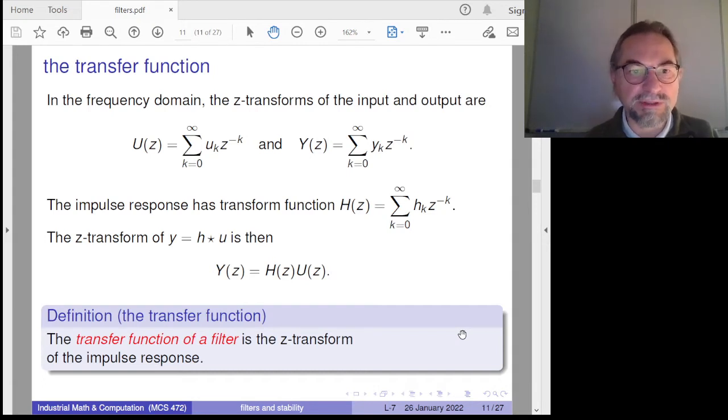To work with this, we actually work with the Z transform. The Z transforms give us very compact representations for signals in the time domain. So we look at the Z transform of the impulse response.